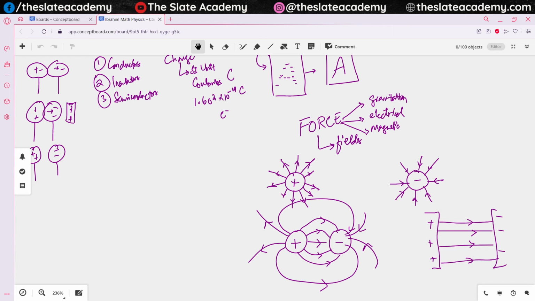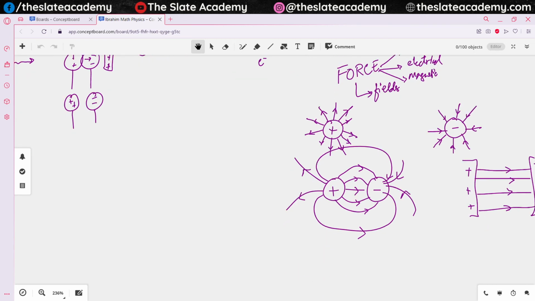Next, let us try to understand what circuits are and what they look like.